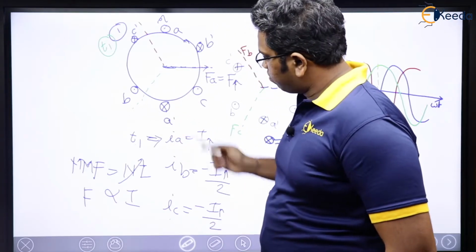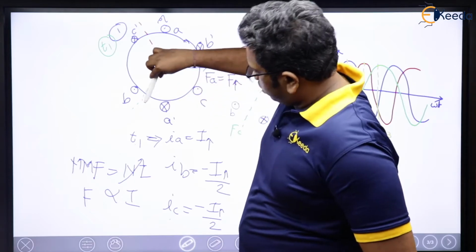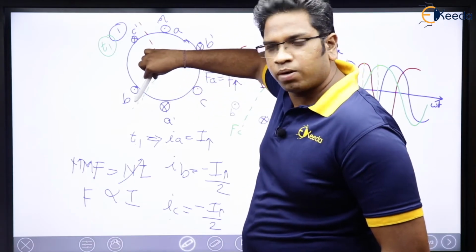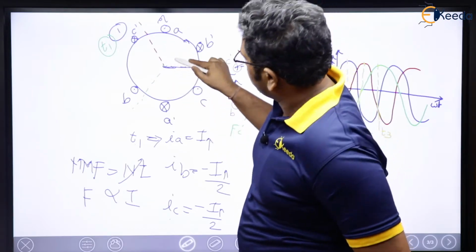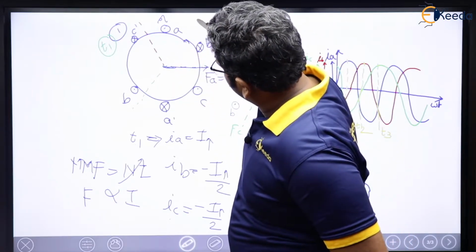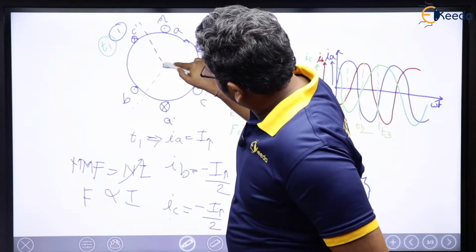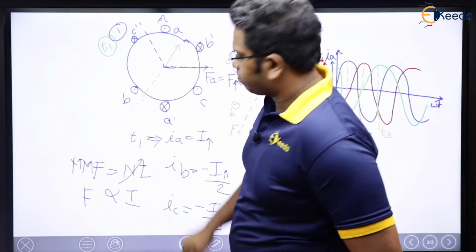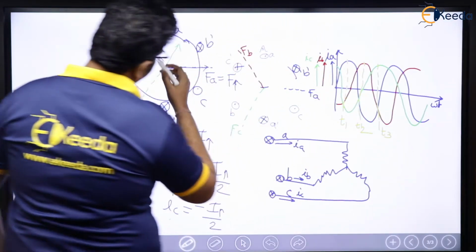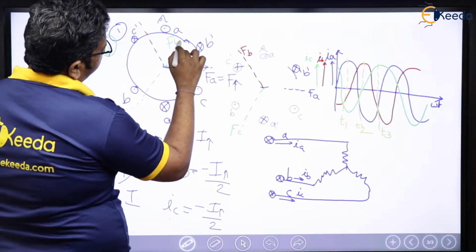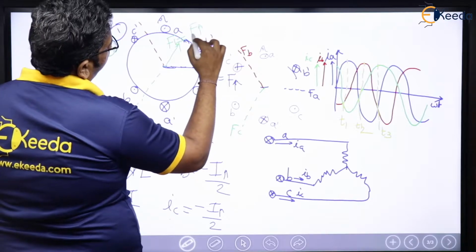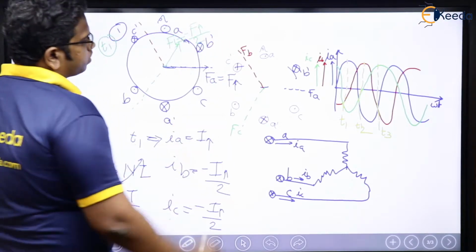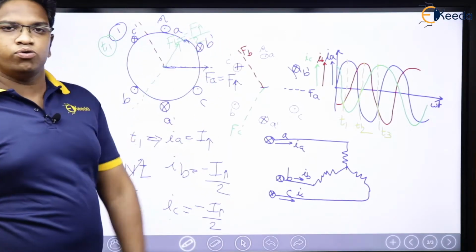Half of negative maximum means this is positive maximum. This is going to be negative maximum, and half of that means if this is full negative maximum, half will be here. This is going to be like this. What is it? It is nothing but FB, which is nothing but half of negative maximum, minus F max by 2.